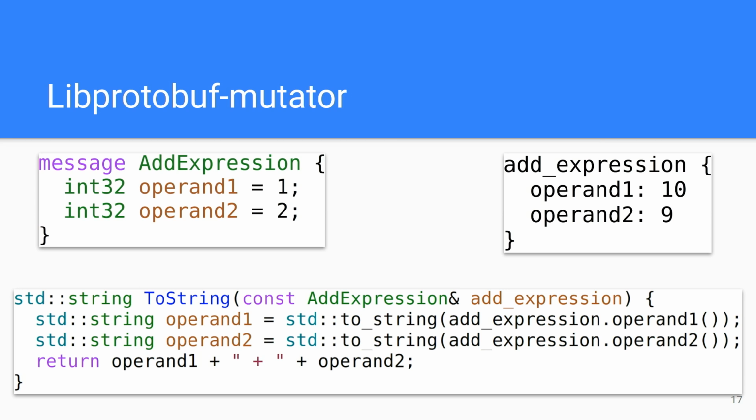And the Protobuf Mutator was again used by my coworker Ned to find the vulnerability in the iOS kernel that was used in the iOS, I think 12.2 jailbreak. So you can use it to find some pretty nice bugs, and it's the technique I'd recommend in most cases for writing a structured fuzzer.